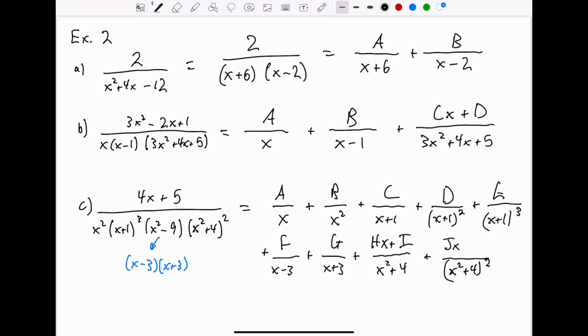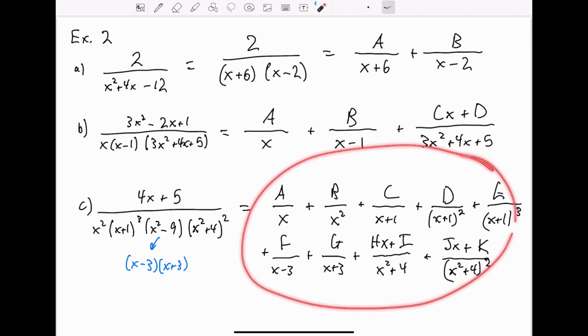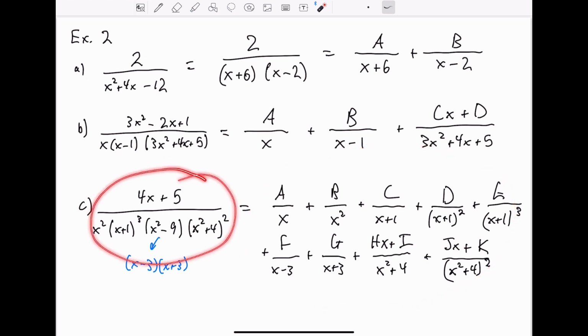So I have Jx plus K. This is the form of the partial fraction decomposition for this rational function. If we were to continue on with the problem, we would want to solve for the constants A, B, C, D, etc., which would be rather involved for this example, but we'll see how to do that with some simpler examples.